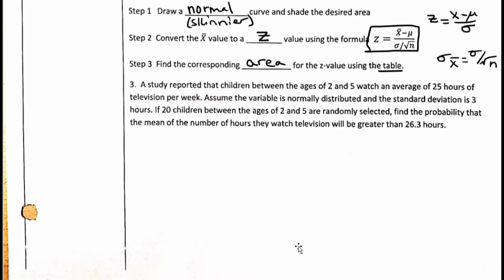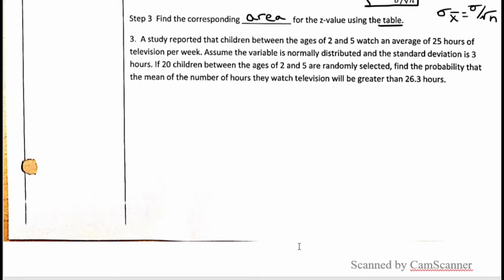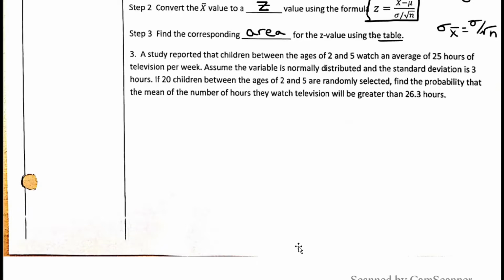Okay, so we're going to do this example. Remember the first thing you want to do is do the bell curve. However, you need to be able to calculate the sigma x bar, because that tells you how much you're being spread out on each side.